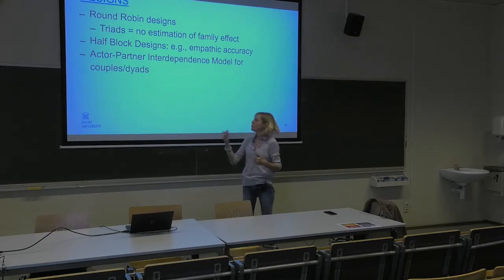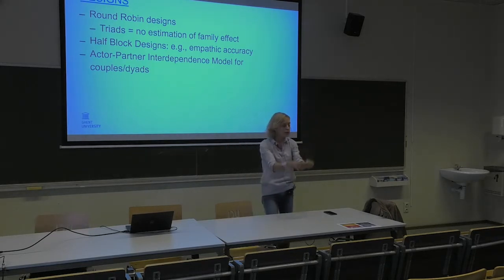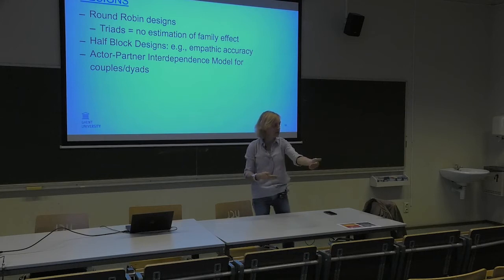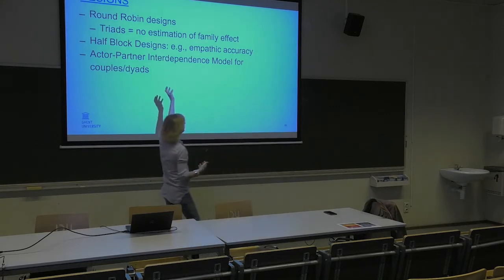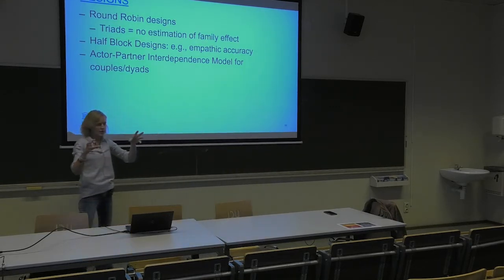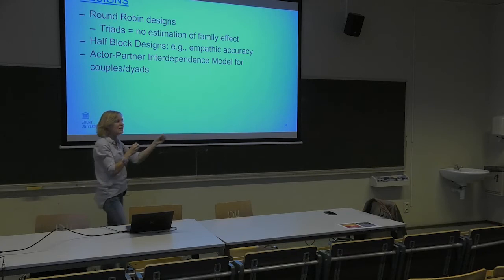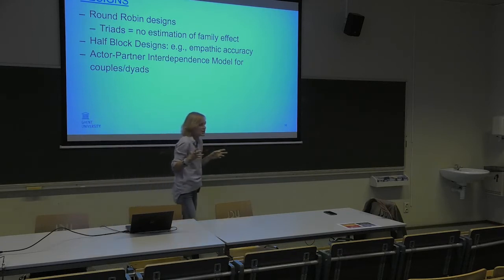But in a half-block design, you let a lot of people watch this one tape, and they give inferences of the unexpressed thoughts and feelings, but not the other way around. You see? So it's also possible to work with the social relations model in half-block designs, but it's different, but it's possible.